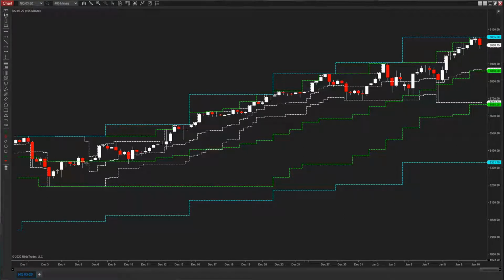And you can see that this mid band for the daily session has been holding price on this uptrend. If it breaks, I'm not saying it's going to break, I'm just saying if it breaks, then you're going to be looking for this second level, which is the lower end of the RTH and daily, to hold price and get a bounce there.